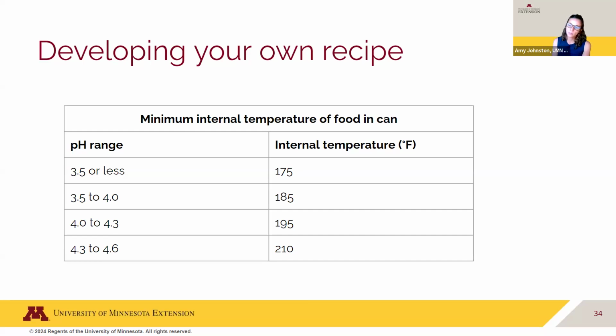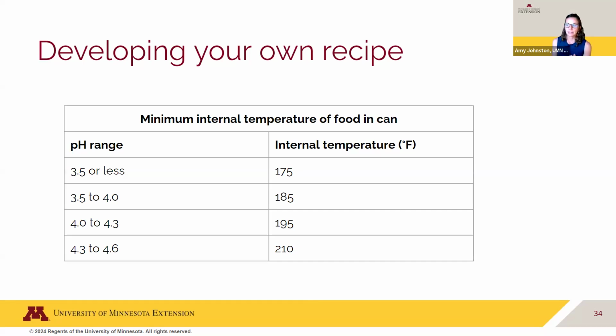You can see the temperature goes down to 175 degrees if that acidic or acidified food has a pH of 3.5 or less. That's because of the role pH plays in inactivating pathogens when heat is involved.